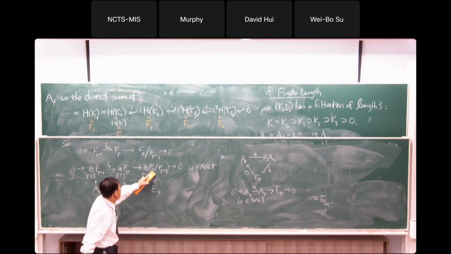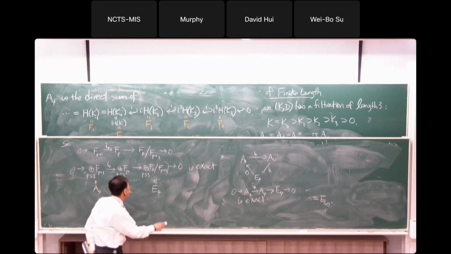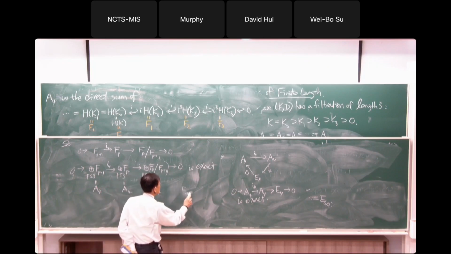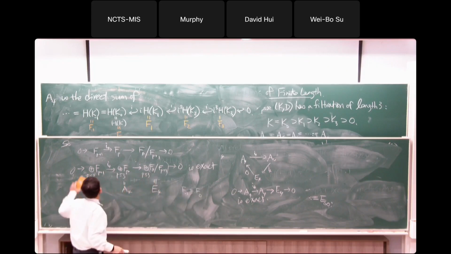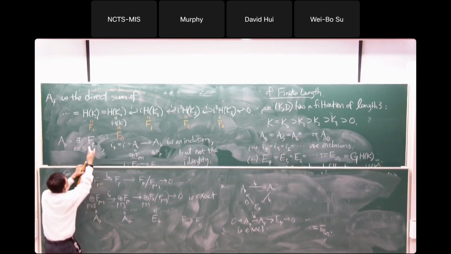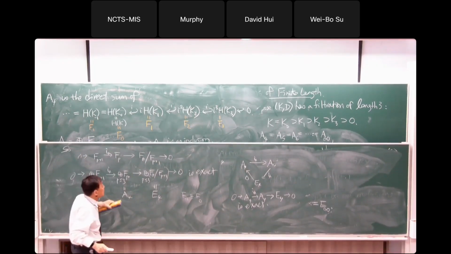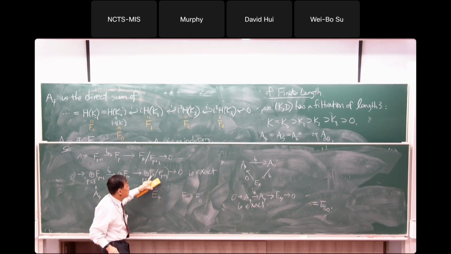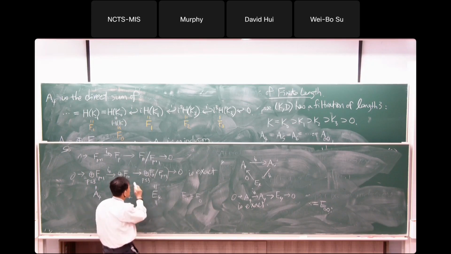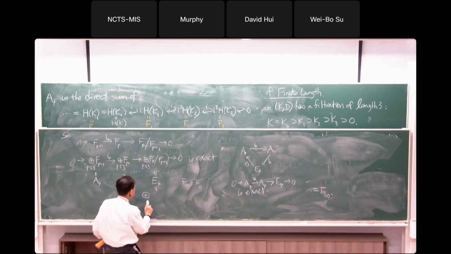Now, when p is -1, okay, so f of -1, that's the same as f of 0, right? F of -1 is the same as f of 0. For negative p's, these two groups are the same. And so you can actually just sum from p equal to 0 to 3.